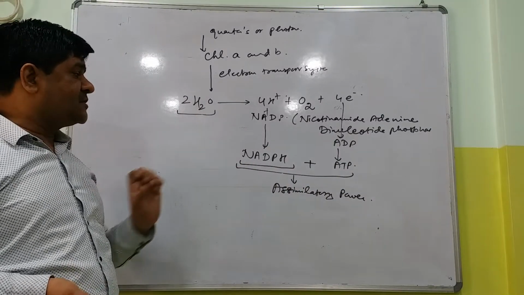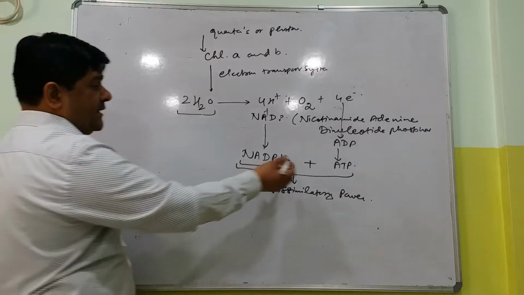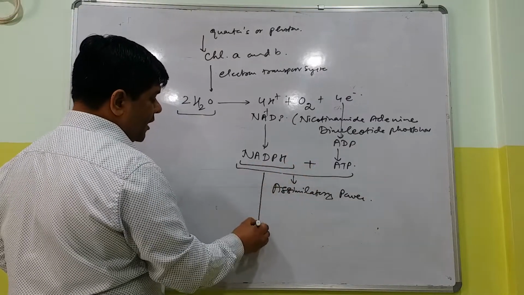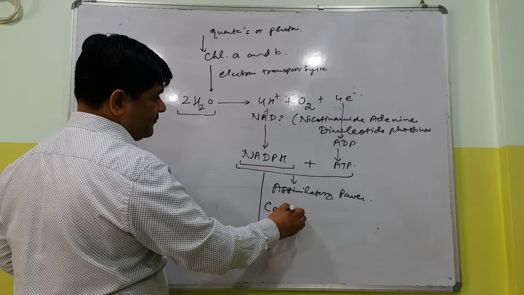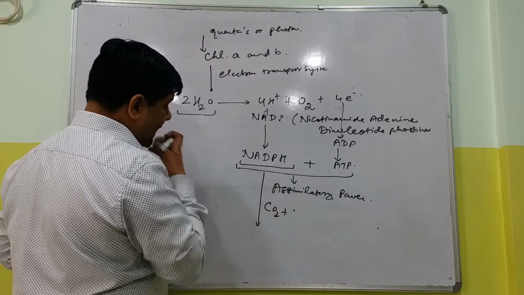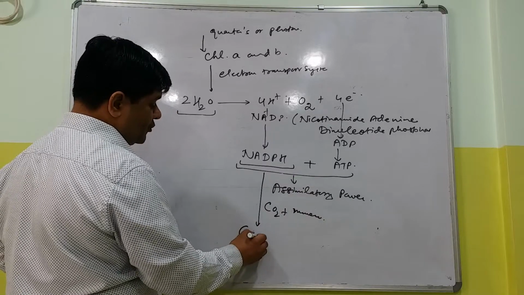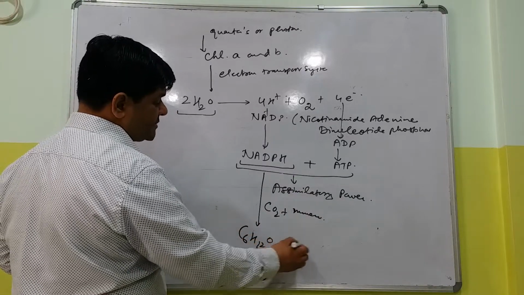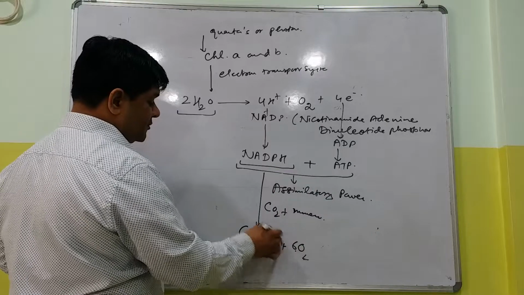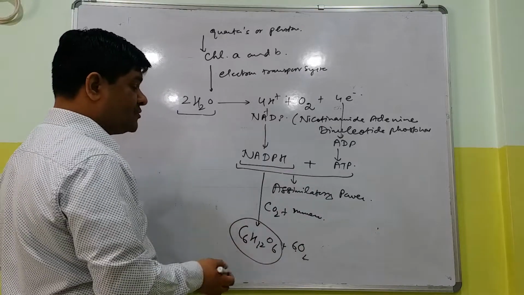Now in the second phase, what will happen? This NADPH and ATP, along with carbon dioxide and some minerals, results in the formation of glucose plus oxygen gas. So this is how glucose is formed.